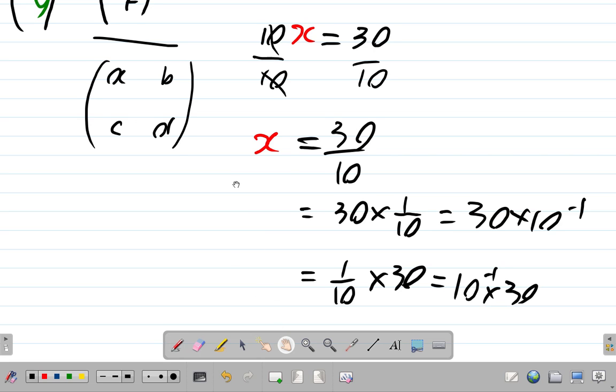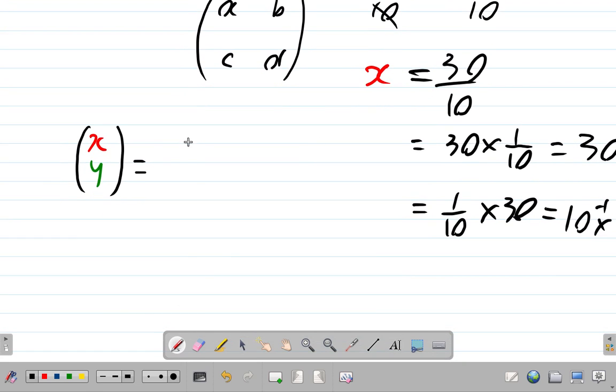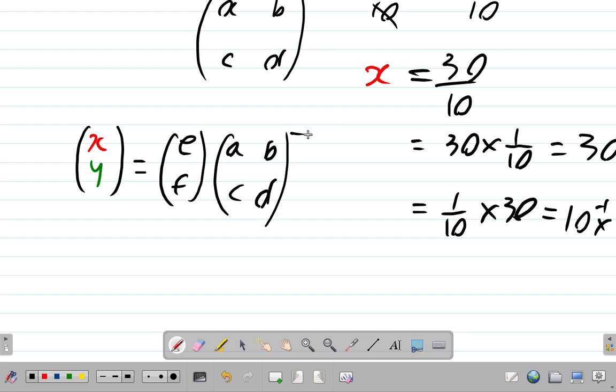So, applying the same argument to the matrix here, you have XY equals. Now that you have EF divided by ABCD is the same as the matrix EF times the inverse of ABCD. It's the same thing as saying the inverse of ABCD times EF.